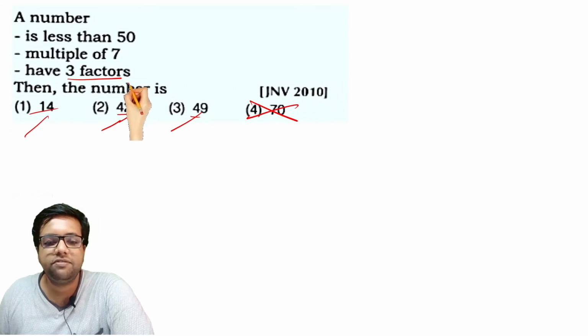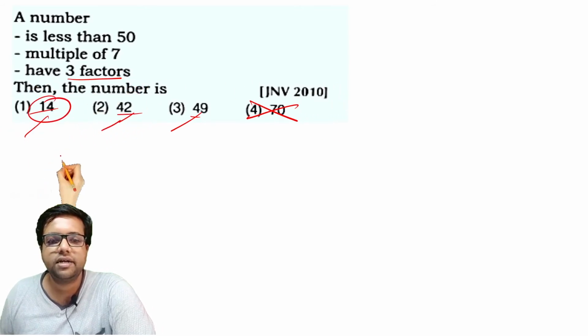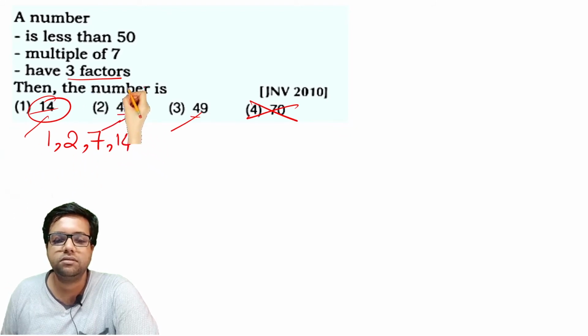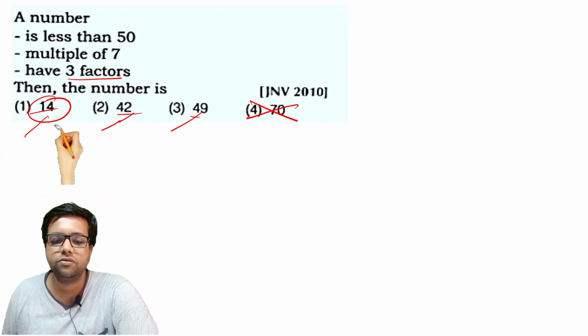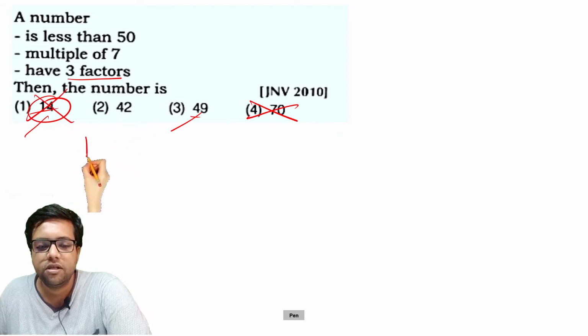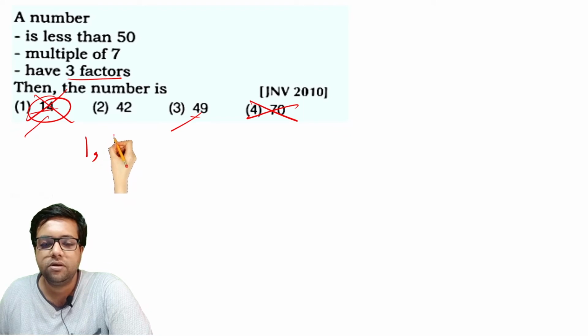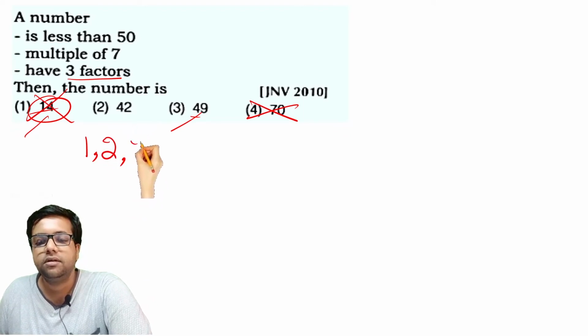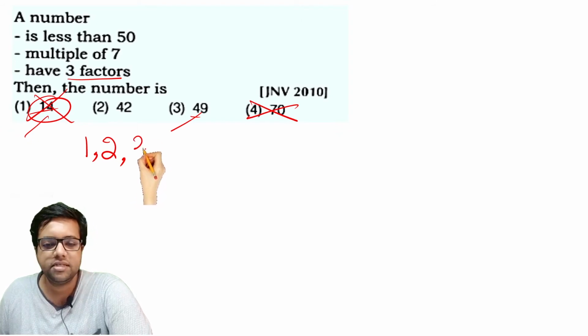It should have 3 factors. 14, does it have 3 factors? No. The factors include 1, 2, 7 and 14. So it doesn't have 3 factors. It has more than 3 factors. So we eliminate 14. What about 42? 42 also has more than 3 factors: 1, 2, 21 twos are 42, and 21, or you can also see 14 threes is 42.